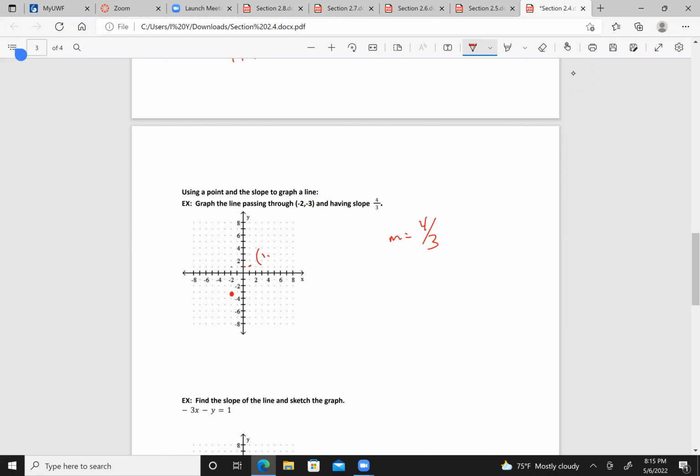We can do it again, up 4, 1, 2, 3, 4, and right 3, 1, 2, 3, which is (5, 4). And now we can just draw this line here. Now keep in mind, this is also the same as -4 over -3, so we can go down 4 and back 3 as well, if that needs to be the case.